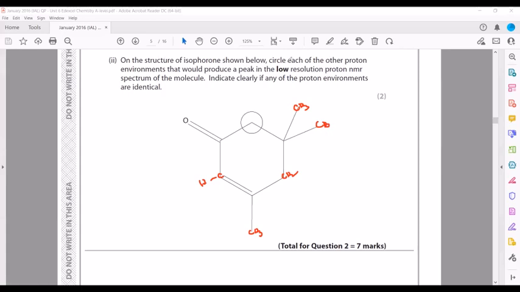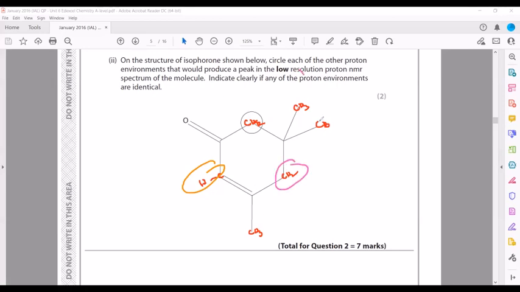And on the structure, circle each other proton environment. So what are the proton environments? Look, this is one proton environment, but it is not identical to any other. This is CH2, this is also CH2, but they are not identical. Why are they not identical? Because this CH2 is next to a carbonyl group, but that CH2 is not next to a carbonyl group, so they are different hydrogen environments.